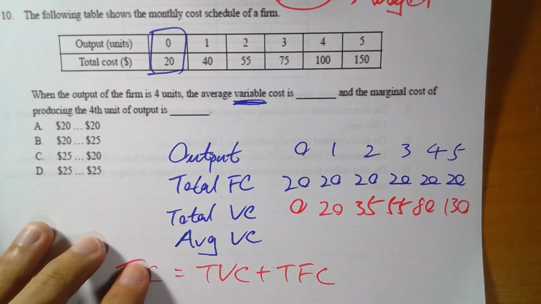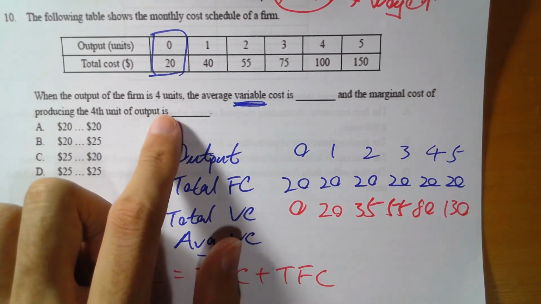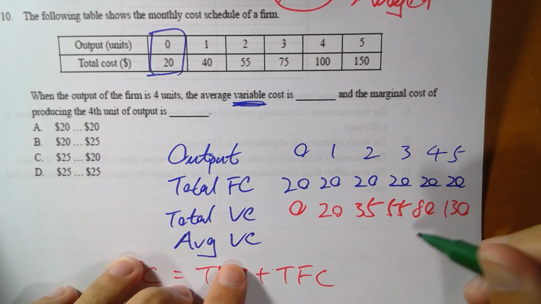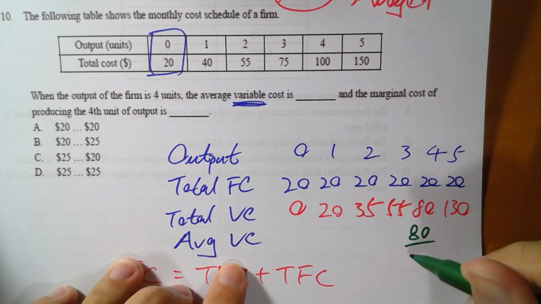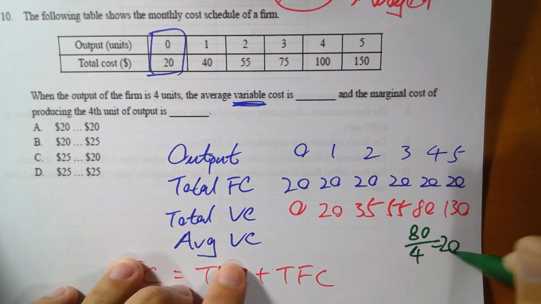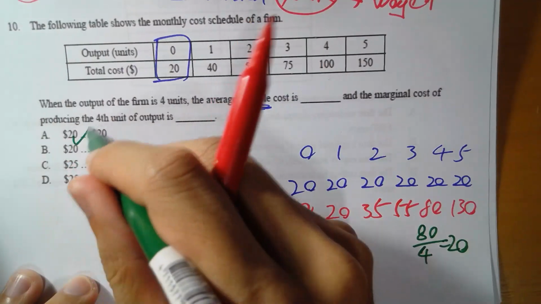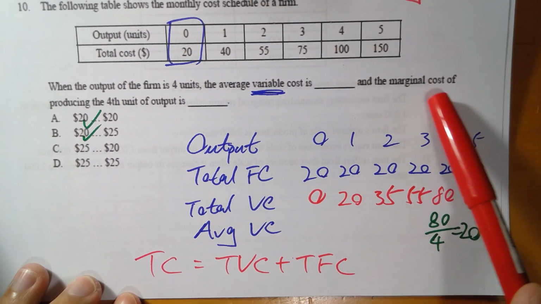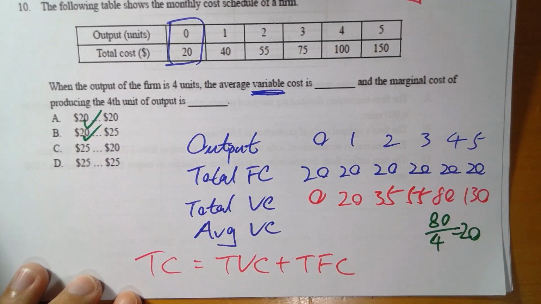Now we are only concerned with the 4th unit, so let's not waste time. Average variable cost. 80 divided by 4, 20. Okay, so $20 is the wanted answer.